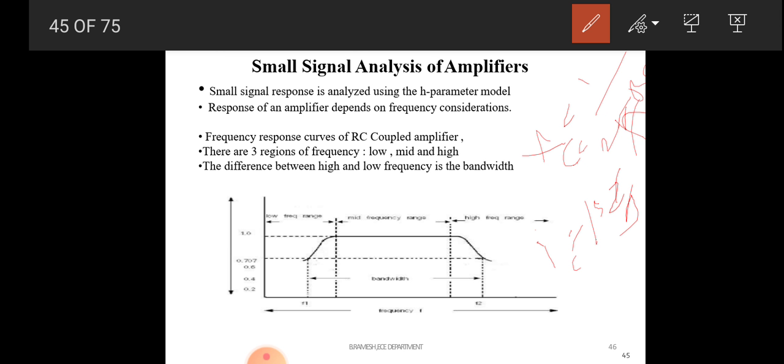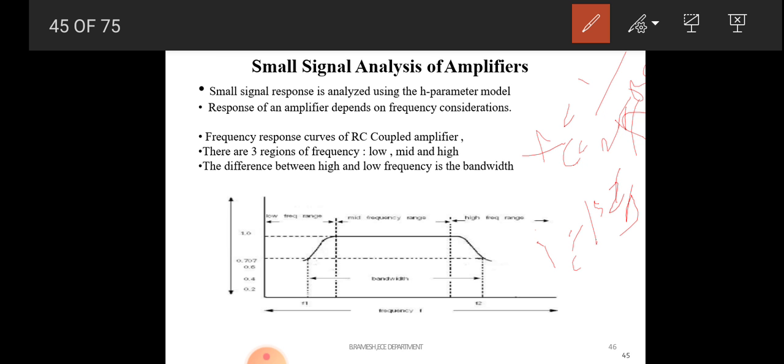That is the reason the voltage gain is low at low frequency. At mid frequency the circuit capacitance reactance becomes zero, so it allows the maximum amount of signal, and that signal gets amplified by the BJT device, and you get the maximum constant voltage.